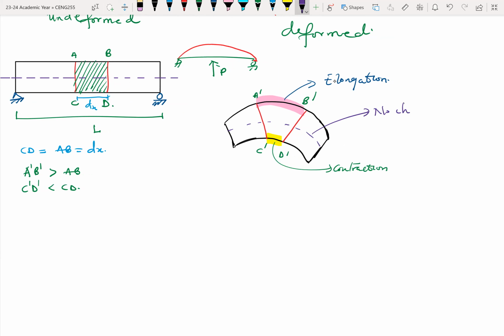No change. Okay. So it's like moving from negative to positive. It means that at some point there should be zero. Okay. So the point that we have zero change or no change, that point becomes your neutral axis.